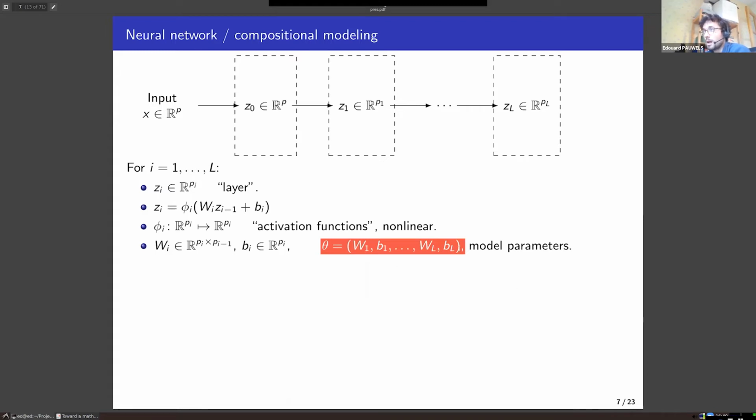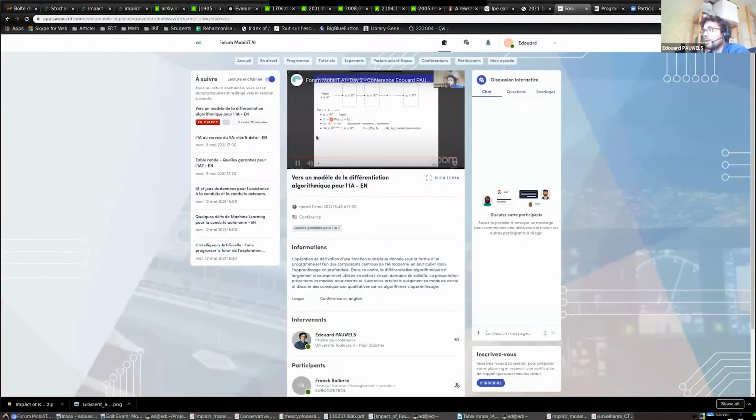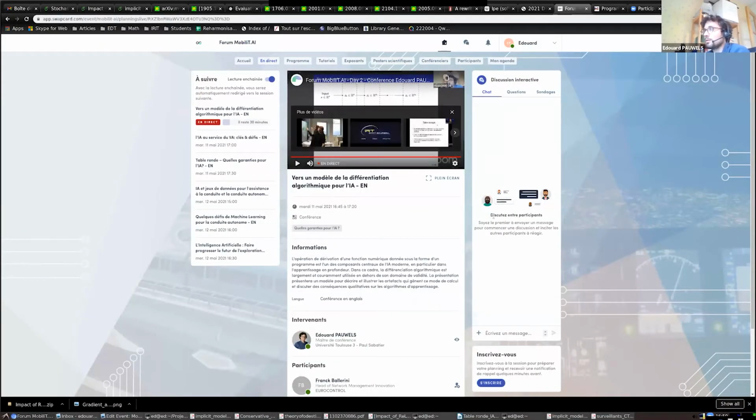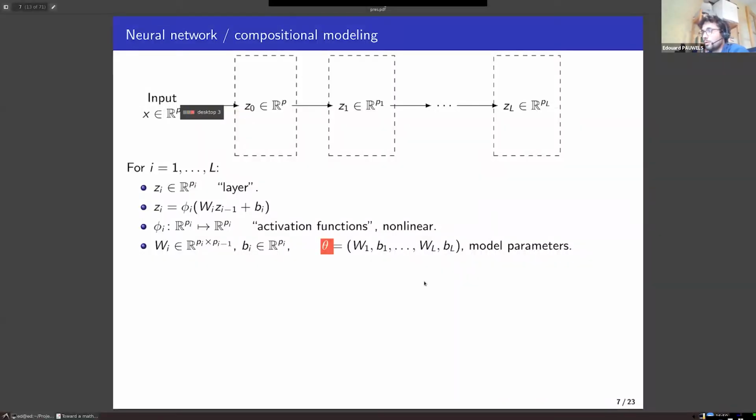Those are the parameters of the network, or the weights of the network, if you like. Those are the ones that we want to tune. When we perform learning, those parameters are tuned in order for the network to reproduce some behavior that we want it to reproduce. And this is performed through optimization.